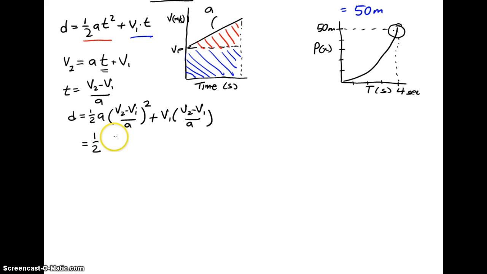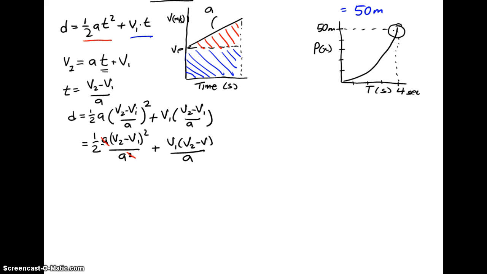So I'm going to have v2 minus v1 squared, have my a out here over a squared plus v1 times v2 minus v1 also over a. I have an a squared term on the bottom here and a on the top here. I'll cancel those. So you notice both these terms are now over a. I have this funny 1/2 in front over here.